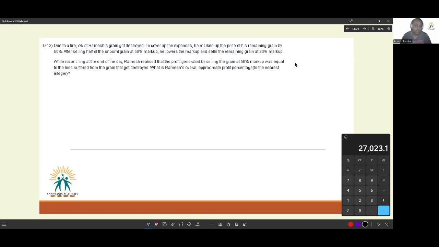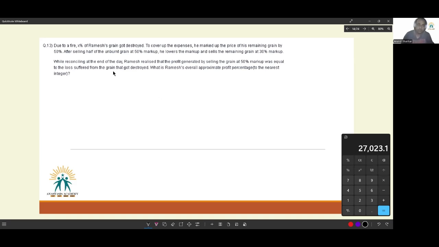While reconciling at the end of the day, Ramesh realized that the profit generated by selling the grain at 50% markup was equal to the loss suffered from the grain that got destroyed. What is Ramesh's overall approximate profit percentage to the nearest integer?